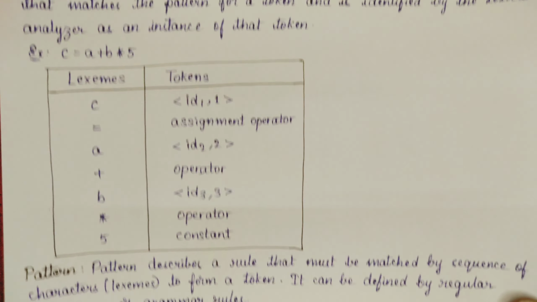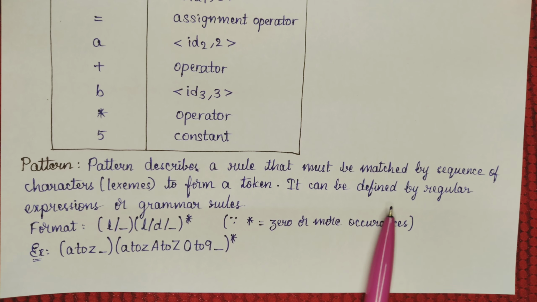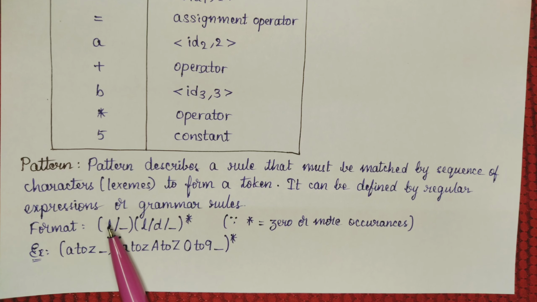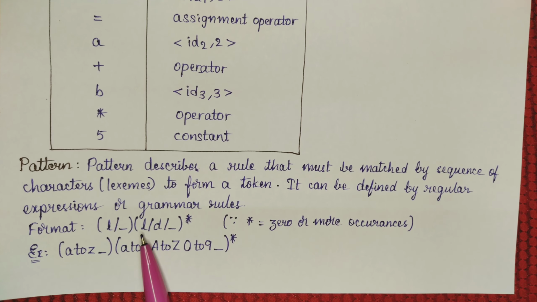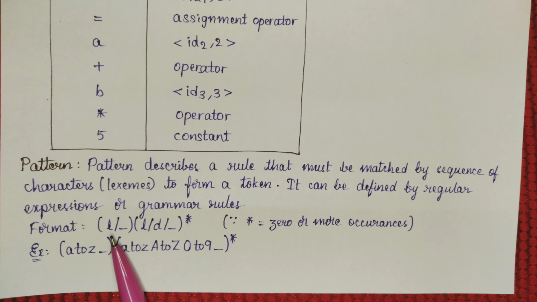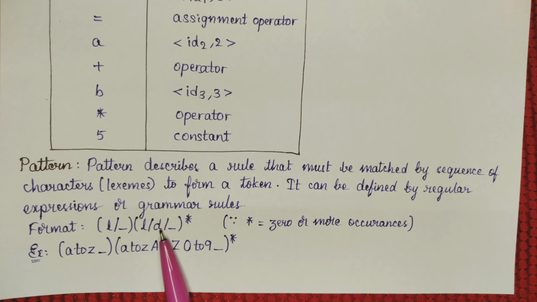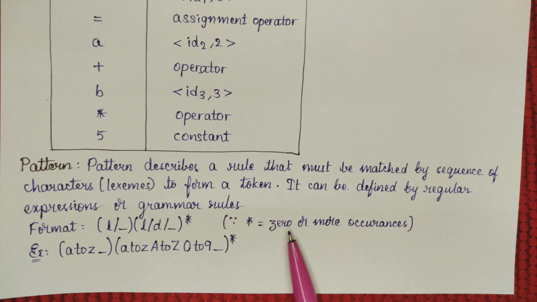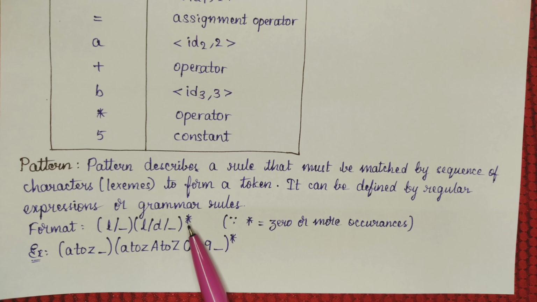And next, patterns. Patterns are useful to define regular expressions or grammar rules. Here the rule for an identifier is that it starts with a letter followed by underscore, or a letter followed by digits and underscore. L means letter, D means digit, and the star represents 0 or more occurrences.